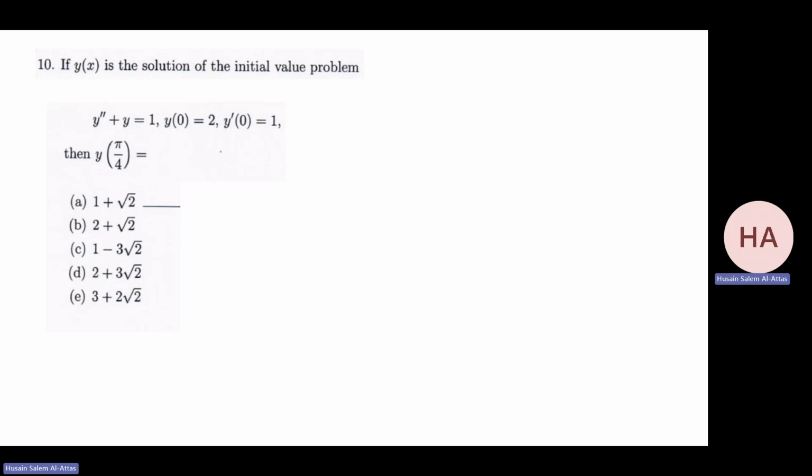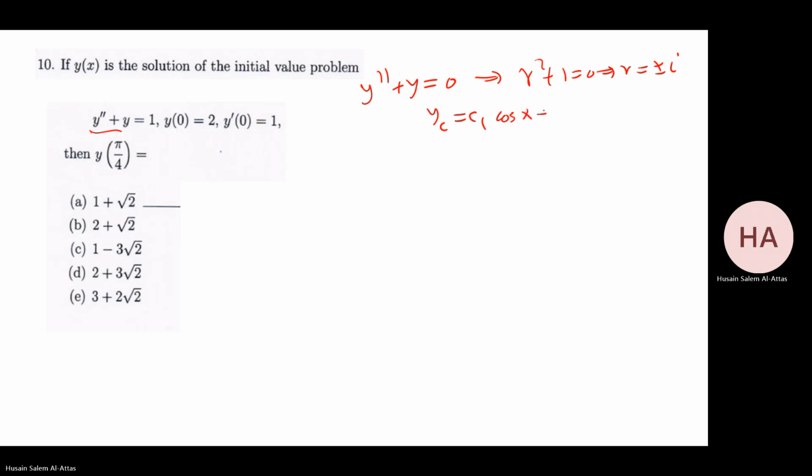If y of x equals this, solve it. Okay. So I need to solve the homogeneous. So r squared plus 1. Let me do it in steps. So yc. You can find yp by inspection.